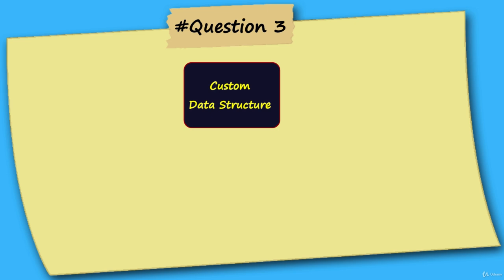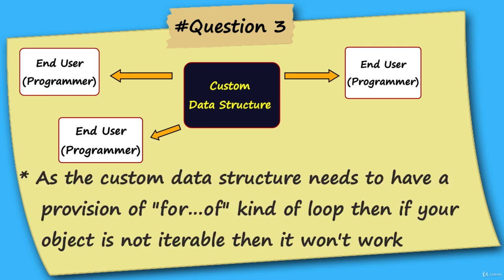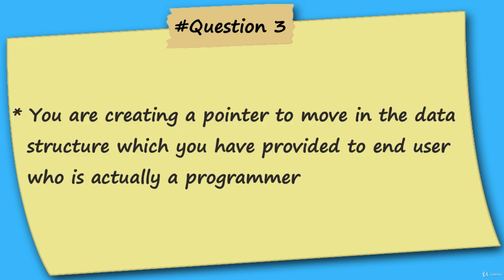But let's say you have your own data structure which is used by other programmers, then the real charm comes into the picture, as the custom data structure which you have created needs to have a provision for for of, that is, that kind of loop. If your object is not iterable, then it will not work. So you are in a way creating a pointer to move in the data structure which you have provided to the end user, who is actually a programmer.